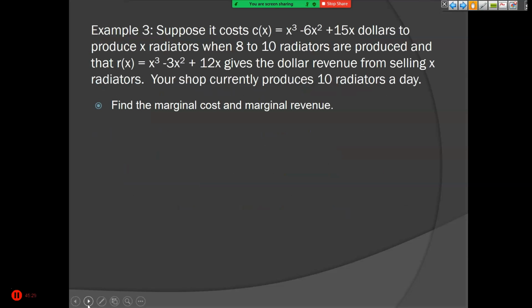So in example 3, it says, suppose you have the given cost. You want to talk about when it produces 8 to 10 radiators. R represents revenue. So it says find the marginal cost. So that means to find the derivative of the cost function.